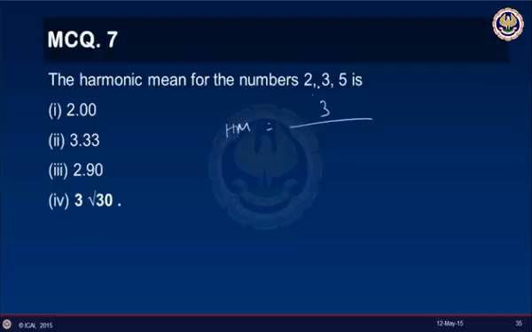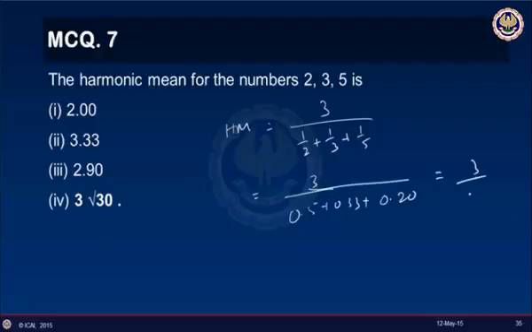So 3 by the reciprocals of these numbers, 1 by 2 plus 1 by 3 plus 1 by 5, which would be 3 by 0.5 plus 0.33 plus 0.20, which is 3 by 1.03, equivalent to 2.90. So the third option is correct for this question.